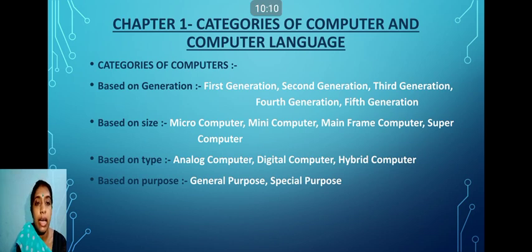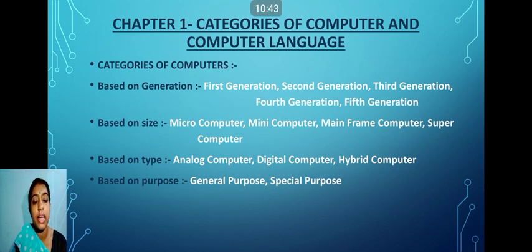Well, then the next category is based on type. As I discussed earlier, there are three types: analog, digital and hybrid. In analog computers, which kind of computers are there? Analog computers display physical quantities that change continuously, like a thermometer or the speedometer in cars.